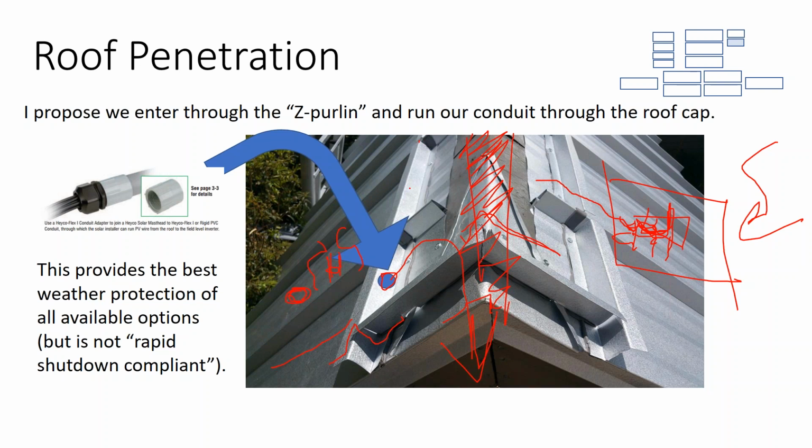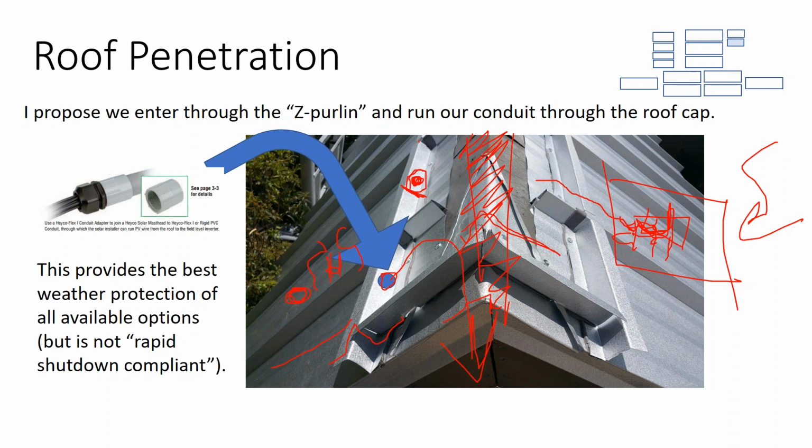What that meant is we have a 1-inch dimension in this Z-purlin, and we drilled and it was really close, because what I thought was, okay, well, we can drill a 3/4 inch hole into the Z-purlin and be all right. Well, the problem with a 3/4 inch hole is the fitting that goes around the hole was right at 1 inch.